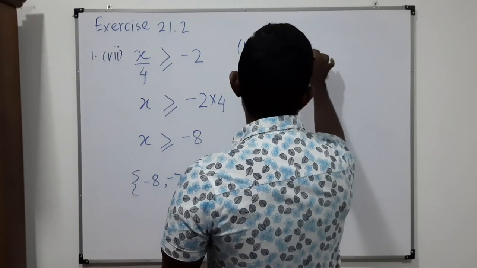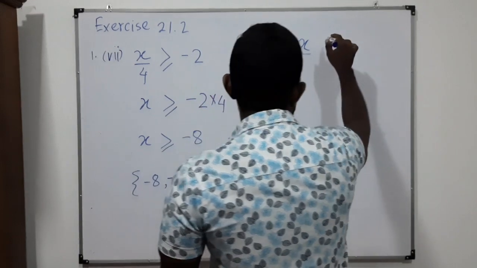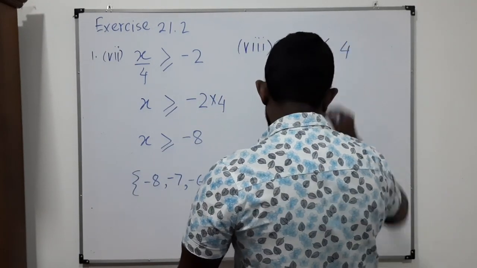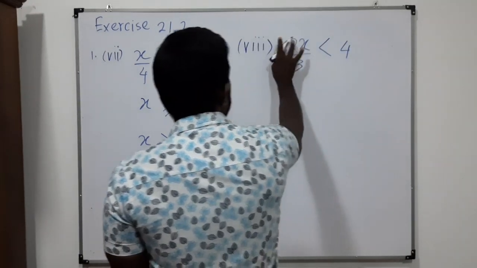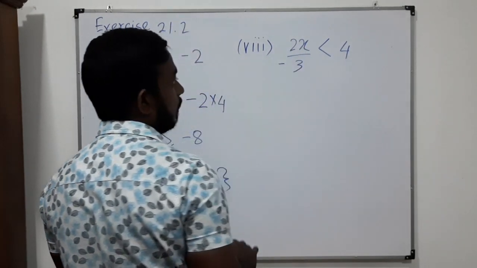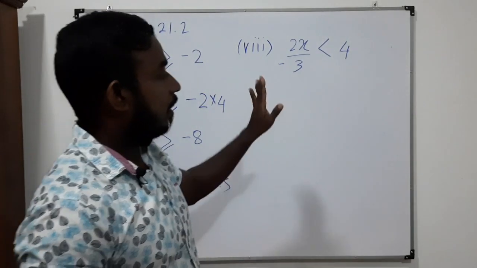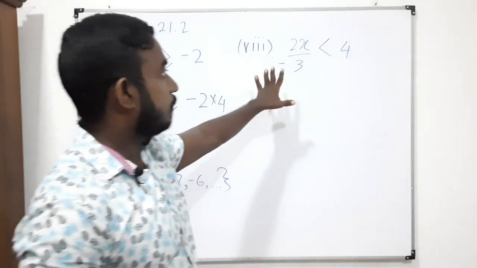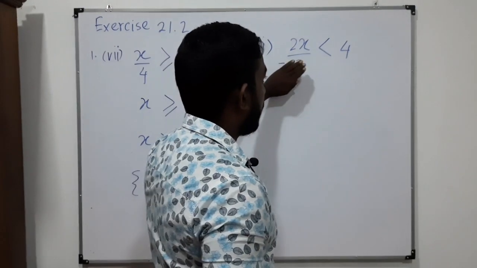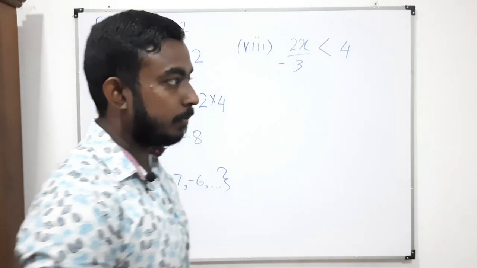Minus 2x divided by 3 is less than 4. But in here I am going to use this minus mark on 3 to make you understand something. So here I want to teach you that when minus 3 goes to the other side, it will be a multiplication.